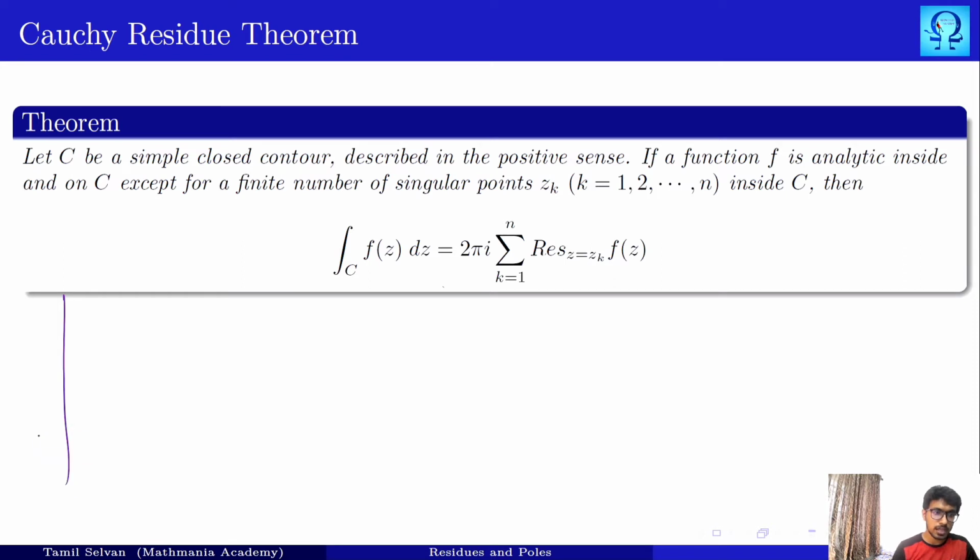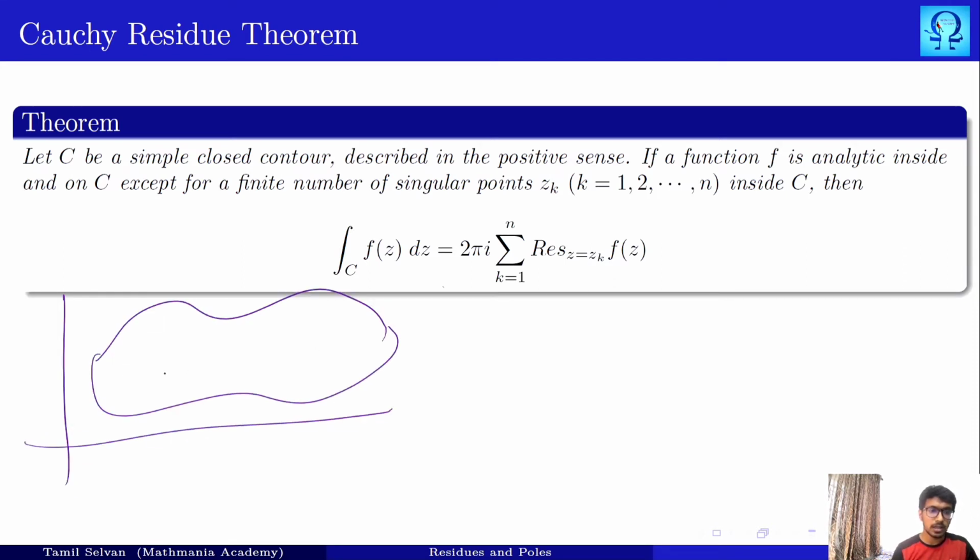Here, you may have a domain of this sort, inside which there may be finitely many points at which the function has singularities. Around each point we find some neighborhood.